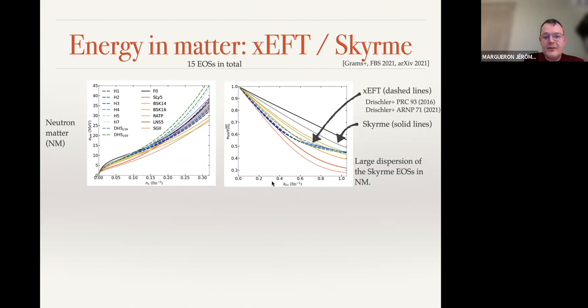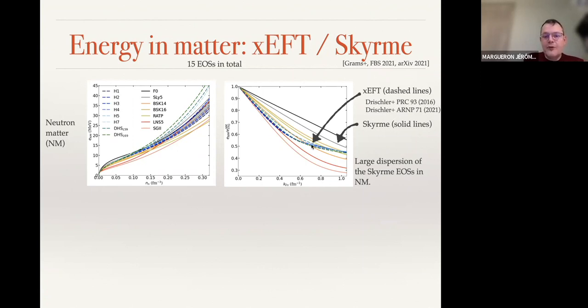On the x-axis, in order to zoom in to the low density case, we decided to represent the density axis in terms of the Fermi momentum instead of the density. The Fermi momentum for saturated matter is about 1.33 inverse fermi, so it is there. You can see that the range that we explore is really the range inside the crust.